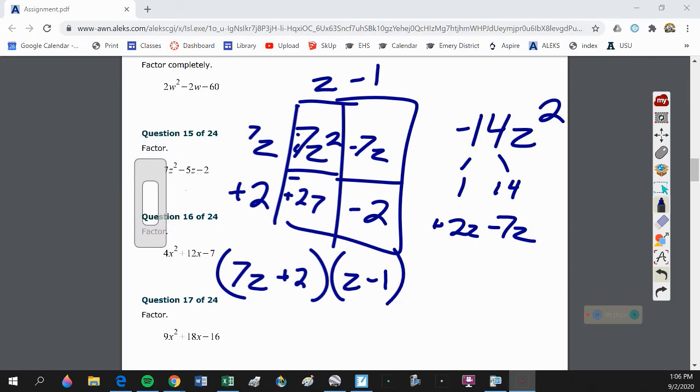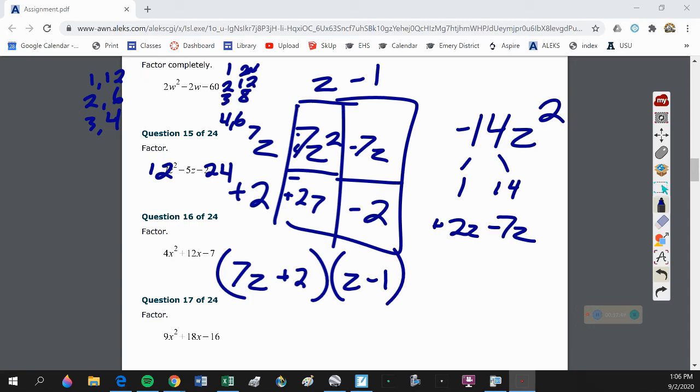Well, the problem is, if this is a 12 and this is a 24, then we have 1 and 12, 2 and 6, 3 and 4. And over here we have all the same ones, and 4 and 6. So 1 and 24, 2 and 12, 3 and 8, 4 and 6. And you just, I don't know, we'll try this one and that one. And you have to do 3 and 4 and 4 and 12. If that doesn't work, then you flip them, and it's a huge mess.